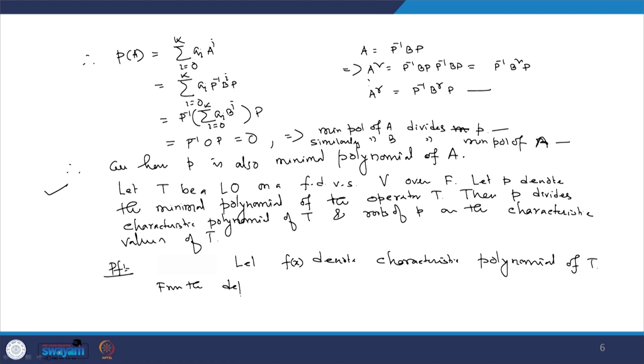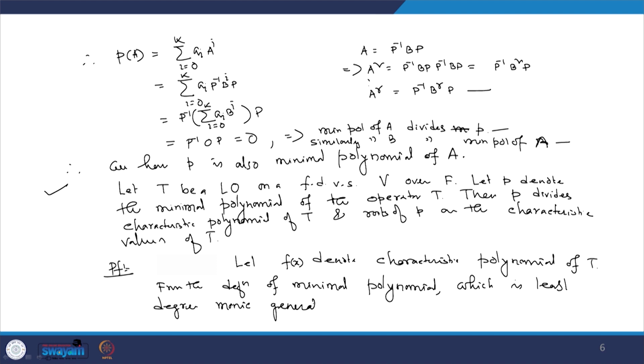From the definition of the minimal polynomial, which is the least degree monic generator of the ideal, each polynomial which annihilates the operator T, f(T) also equal to 0, implies p(x) divides f(x). So, this part is coming as a consequence of the definition.